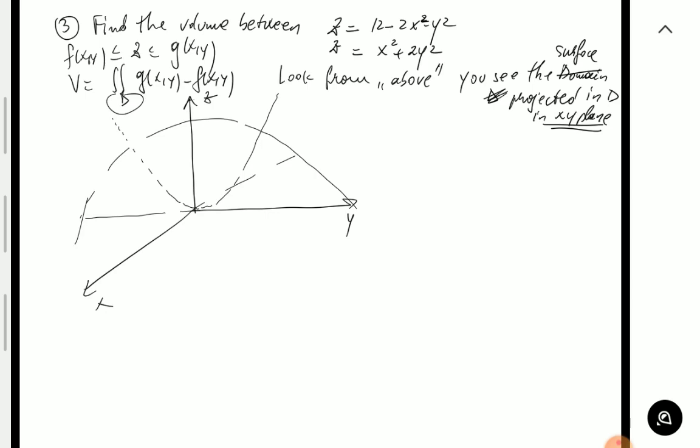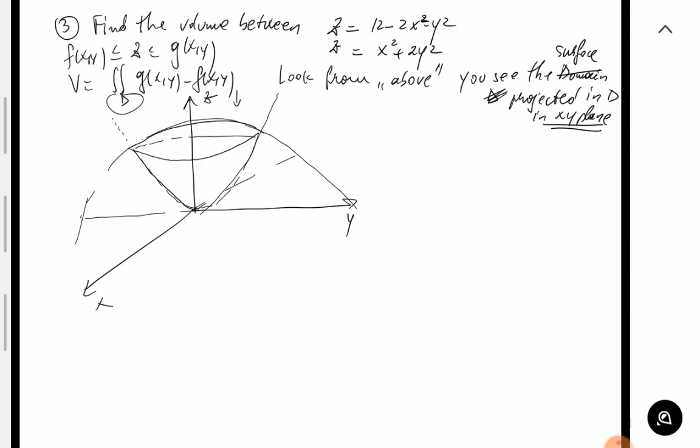So wherever they intersect, and we're going to have to compute that intersection between the two, that is the common domain. I mean, that's going to be the stuff that projects onto the common domain. So if you see it from above, where my arrow is there, intuitively both surfaces are going to be projected onto whatever this intersection is in the xy plane.